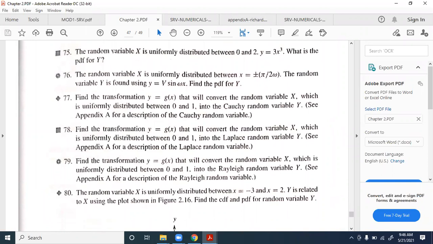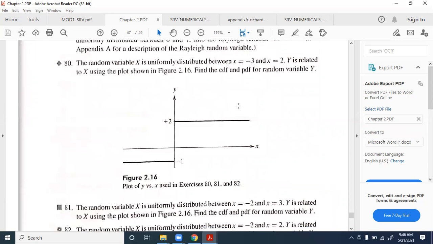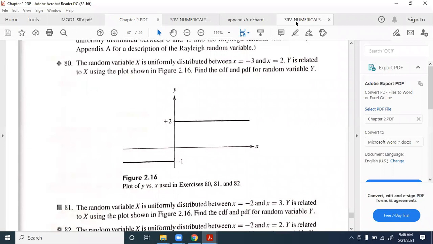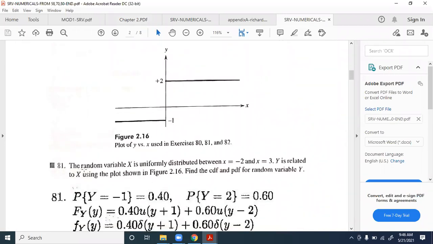So we have problem number 81. Problem number 81 we have already written over here, so we need not bother. The random variable x is uniformly distributed between x equal to -2 and x equal to 3.